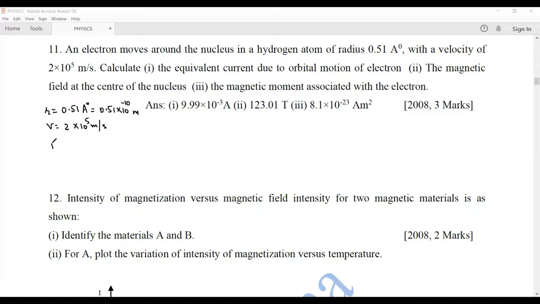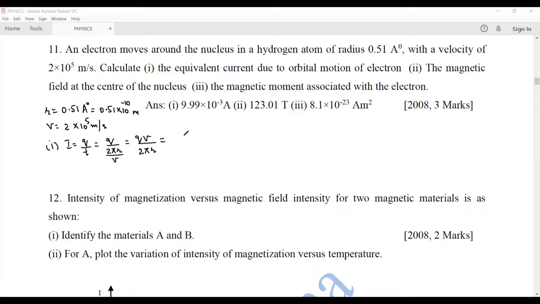Calculate the equivalent current due to the orbital motion of the electron. We know that I is equal to Q upon T, and the time is equal to distance upon speed, 2πr upon V. So this is equal to Q × V upon 2πR.